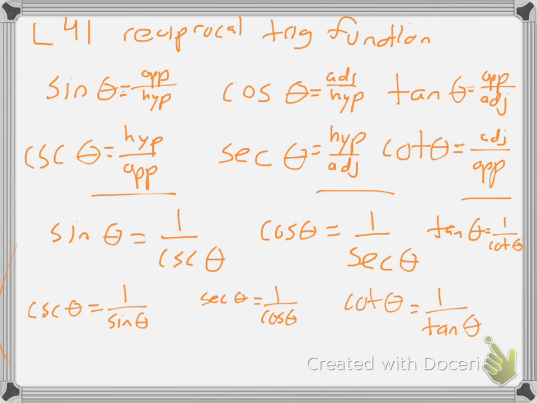It looks like there's a whole bunch of different things going on, but it's just about taking the reciprocal. It matters because eventually you're going to have to expand or simplify or prove things are the same, and you're going to need to know how to switch these around.